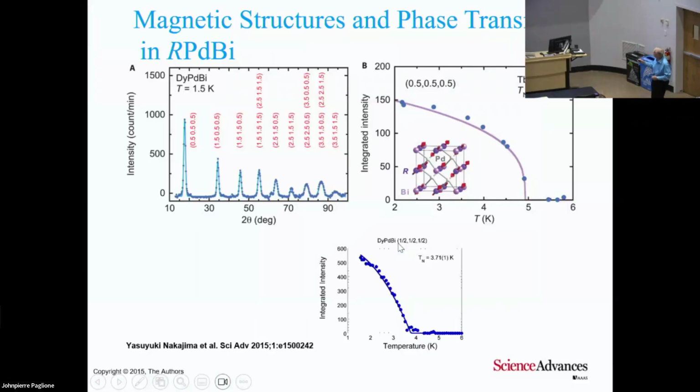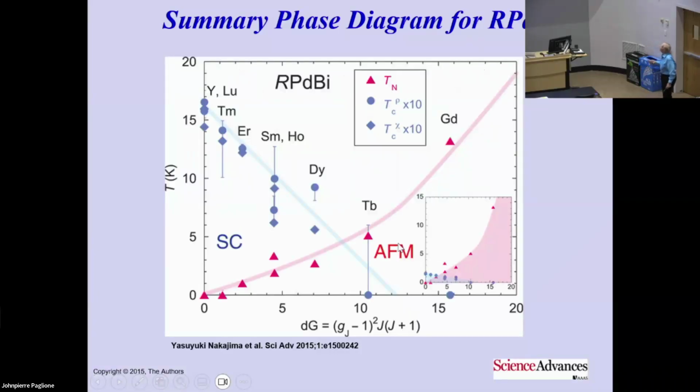Here's a nice diffraction pattern, just scanning along one particular direction. And in this single crystal, you get the order parameter out, and of course you get the structure and the spin directions. And then the interesting thing about this is that as you get a bigger and bigger spin, then it should scale according to the de Gennes scaling, and that's exactly what you see in this system.